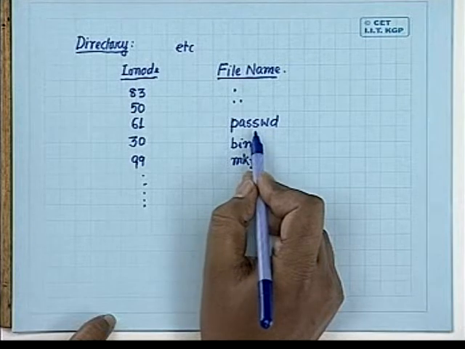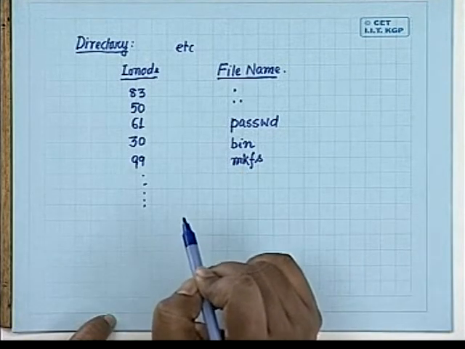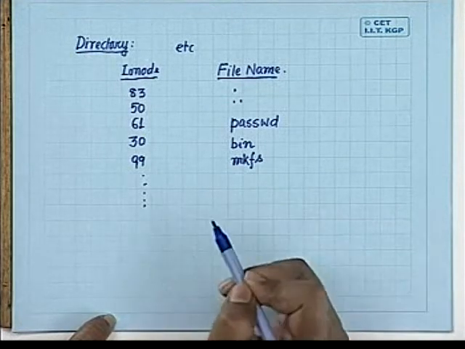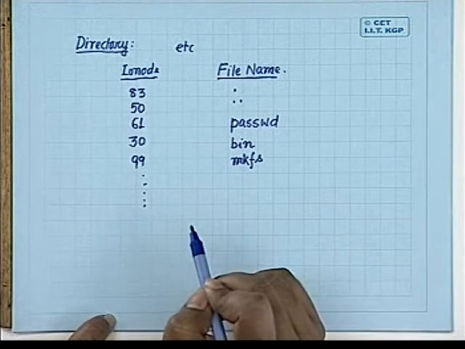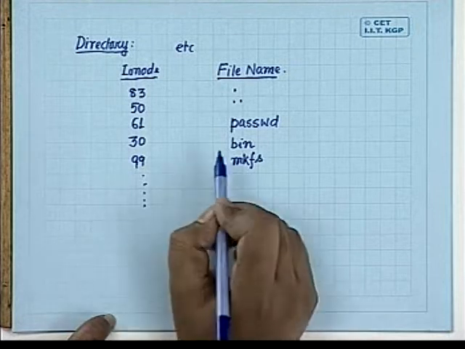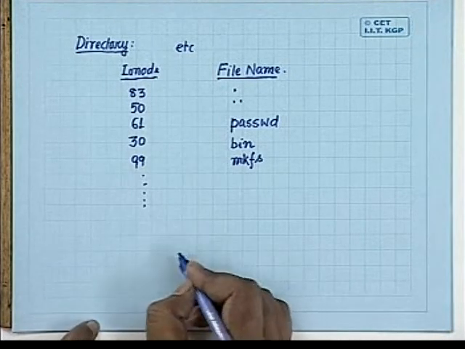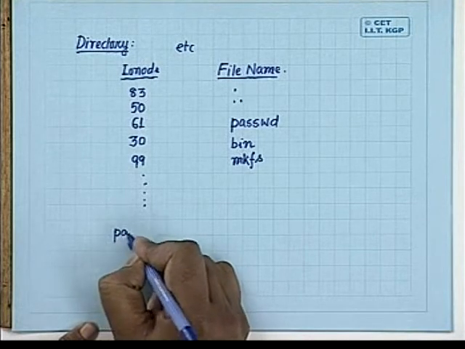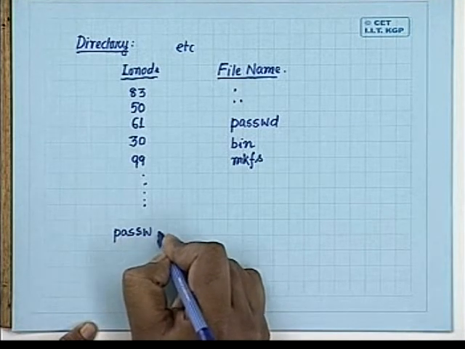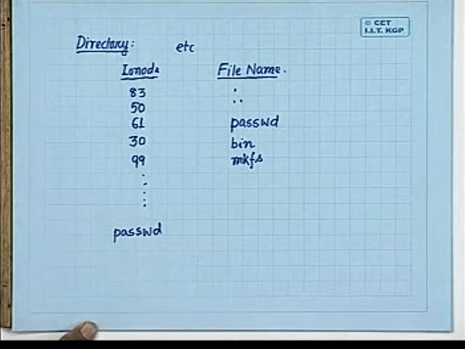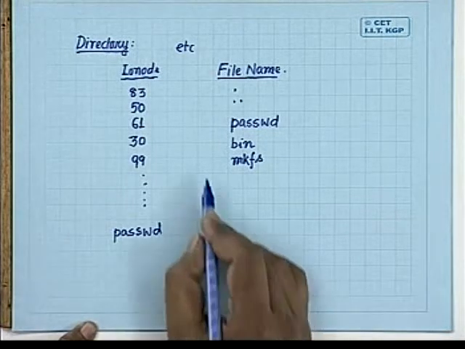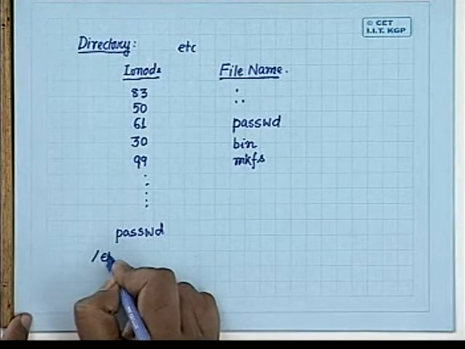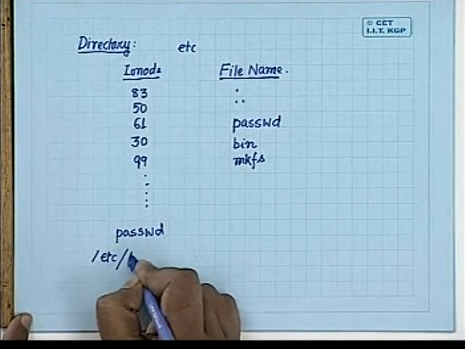So whenever we want to open a file using an open system call, though we use that as a function, it is nothing but a system call. Sometimes we can give a file name as, say, just password if the current directory is etc. Or we can also give the path name as /etc/password.